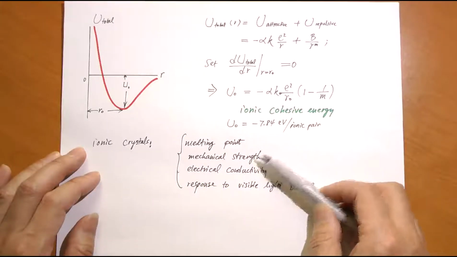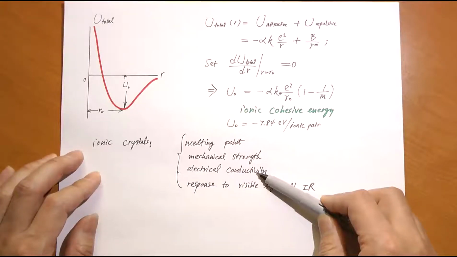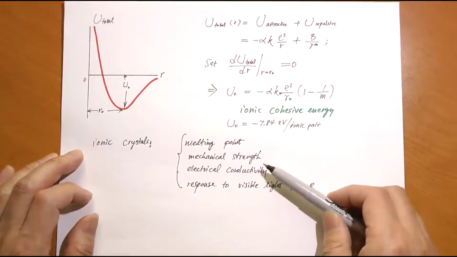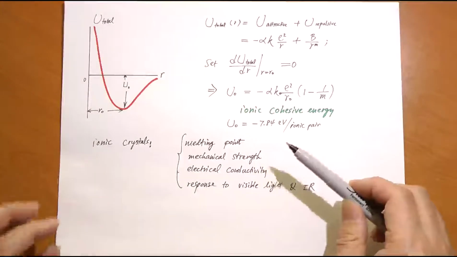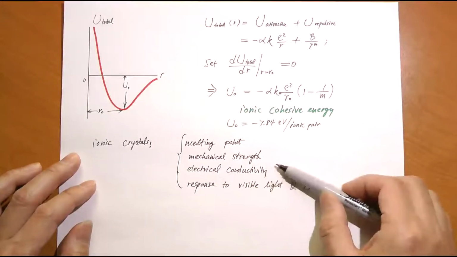It's not easy to break them. As far as electrical conductivity, however, they're all insulators, because all the electrons are trapped inside these ions. They cannot simply hop from one ion to the next, or get loose within the crystal. Therefore, these are all electrical insulators.